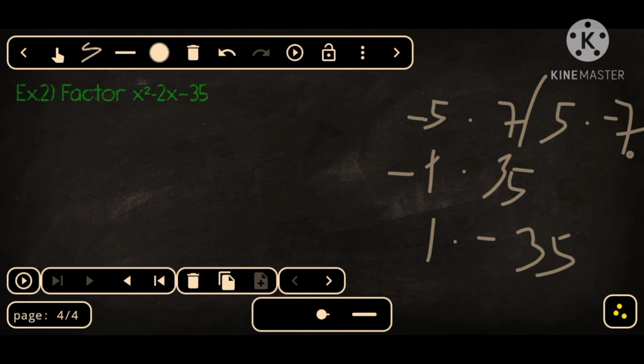Okay, so let us try to check. Negative 5 plus 7 is positive 2. Then negative 1 plus 35 is positive 34, or 1 plus negative 35 is negative 34. Then the last one, 5 plus negative 7 is negative 2.